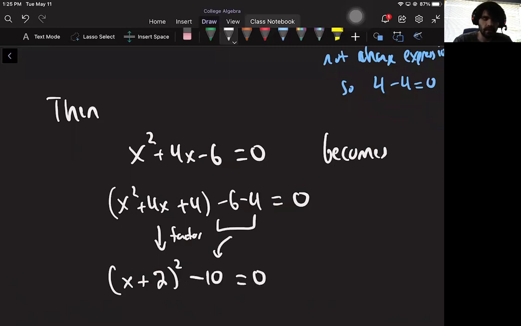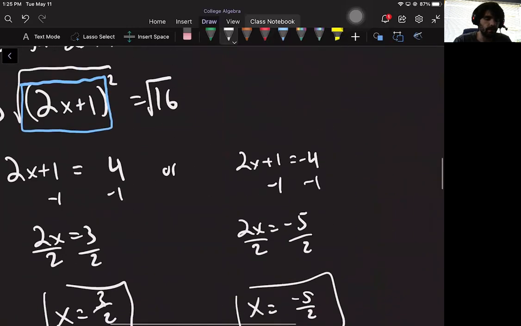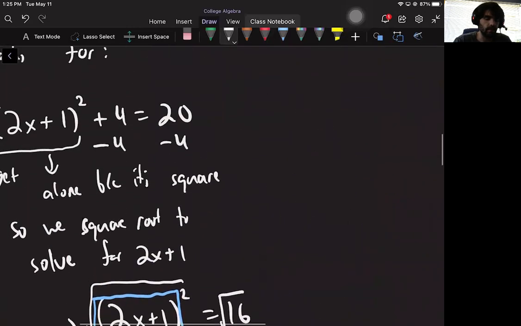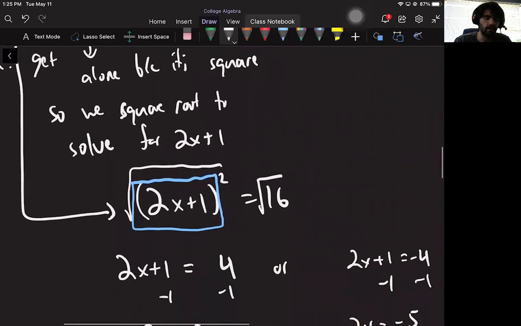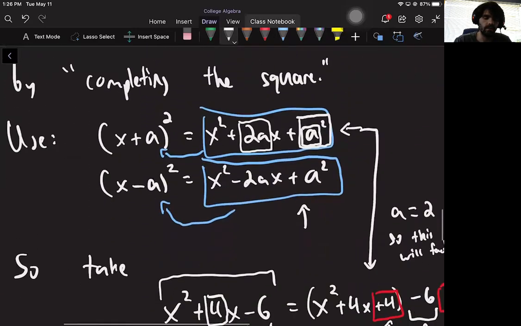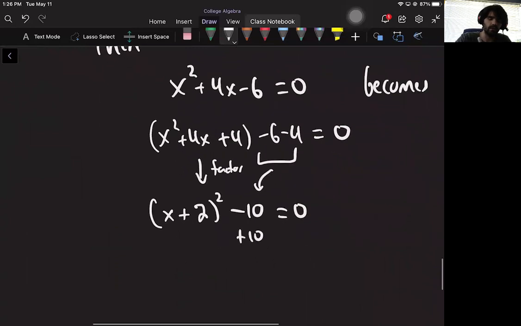And now I have something sort of like the earlier problem. So let me scroll back up. So now I have something that sort of looks like this guy, where now I can solve for x by getting the thing that's squared alone. So that's what we're going to do. So all I have to do now is add 10 to both sides to do that.